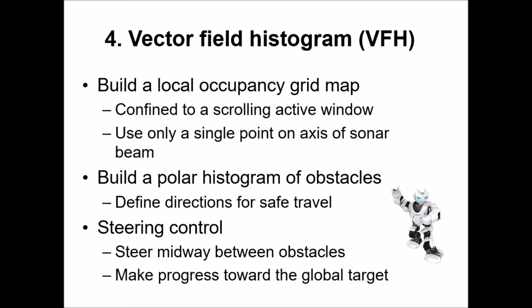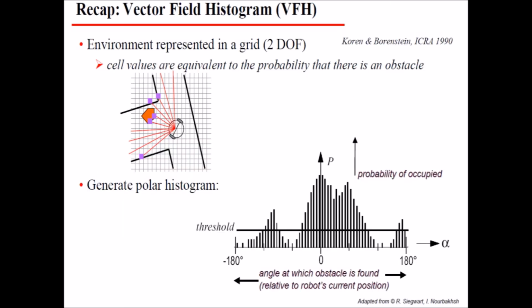As I mentioned earlier, when the robot is used for local navigation, the target location will be put just after the obstacle location. So this is in a simple way how the vector field histogram works.